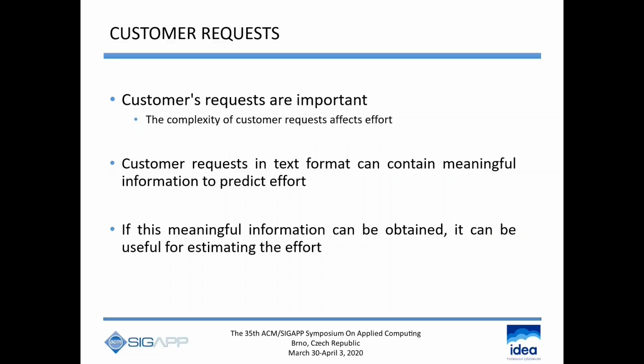So the complexity of customer requests affects the effort. Customer requests in text format can contain meaningful information for predicting effort. If we can find this meaningful information, it can be useful for estimating the effort.